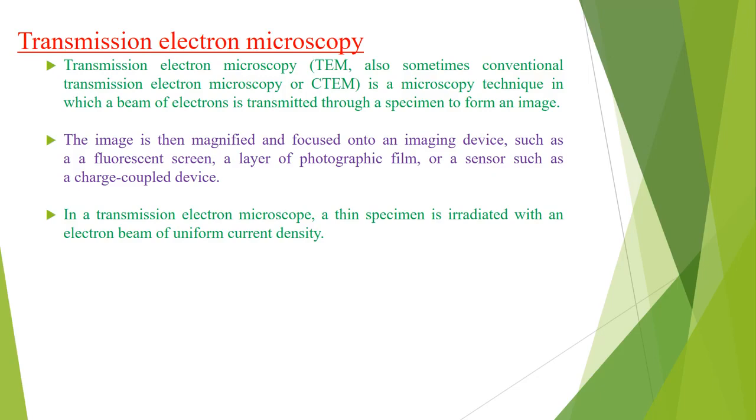Transmission electron microscopy. This is also known as TEM. Transmission electron microscopy, TEM, also sometimes called conventional transmission electron microscopy, CTEM, is a microscopy technique in which a beam of electrons is transmitted through the specimen to form an image.